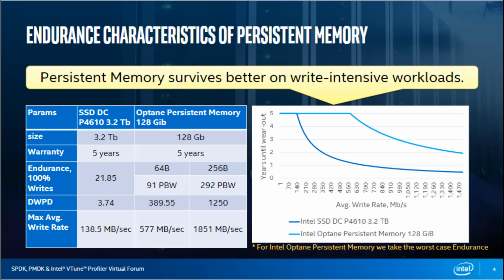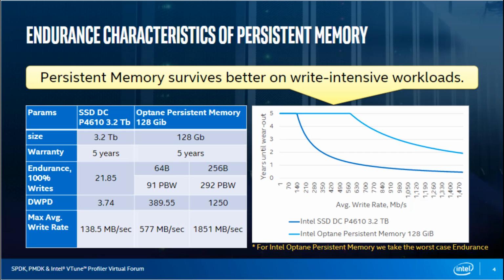And on the last row, I tried to calculate the maximum possible write rate that the storage device can support to be in good condition for the full warranty period. As you can see, SSD can support much less write traffic compared to persistent memory devices.